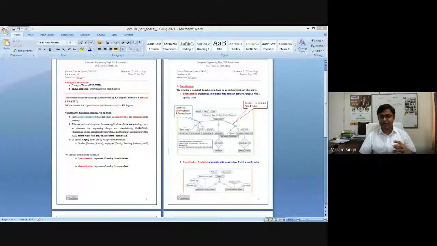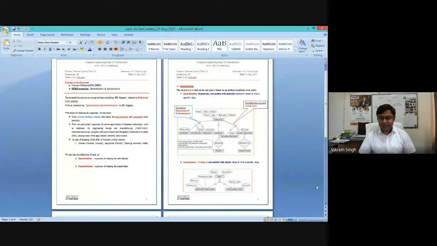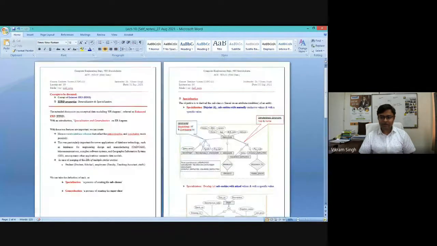So this is the first practice which needs to be done whenever we are preparing a conceptual data model in an improved form, or trying to enhance understanding. So the very first thing we will discuss today is the concept of specialization.